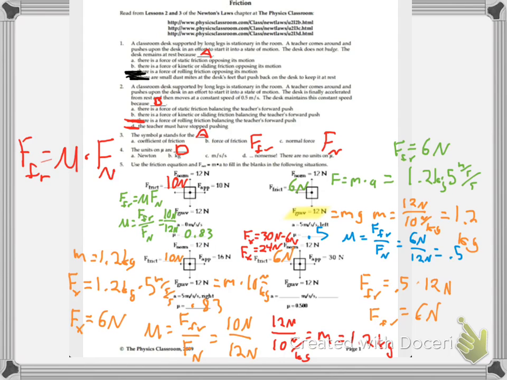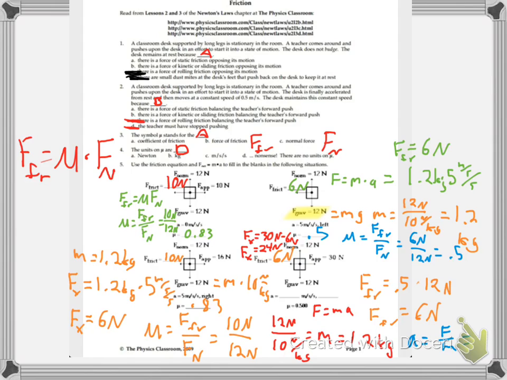So if we have 24 newtons and the object has a mass of 1.2 kilograms, we use Newton's second law, F equals ma. We have 24 newtons and 1.2 kilograms, and we want to find the acceleration. This means that the acceleration will equal the force divided by the mass.